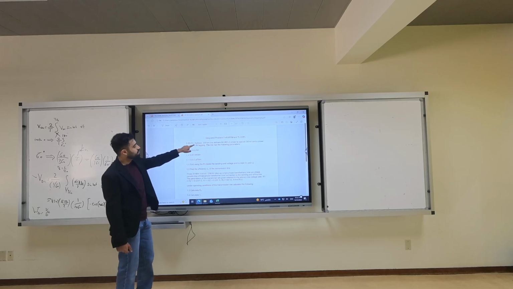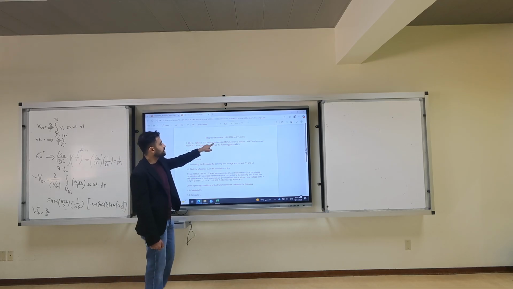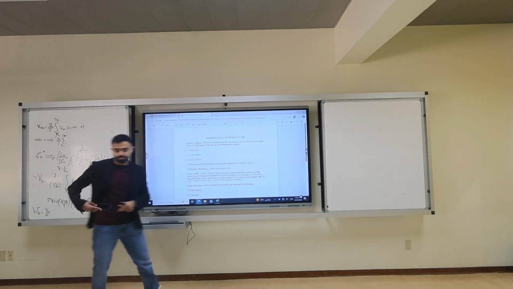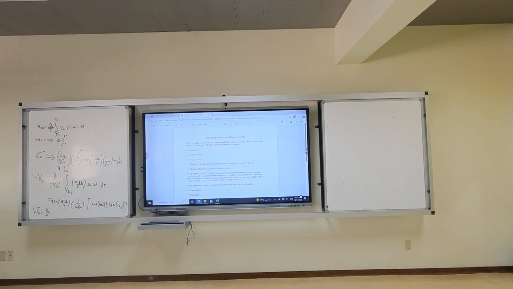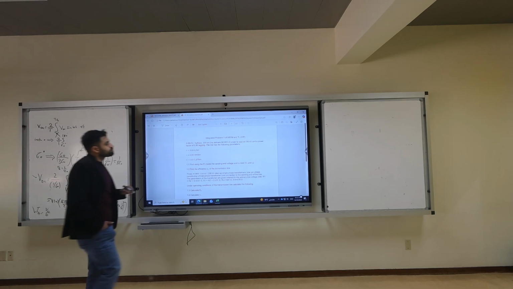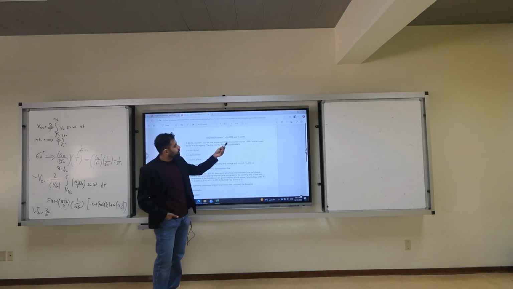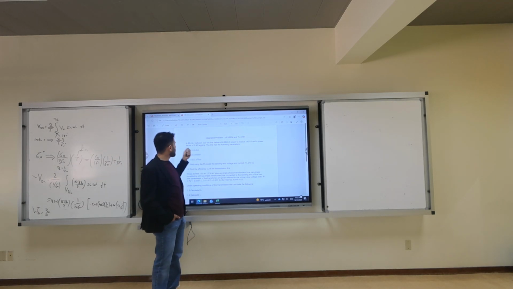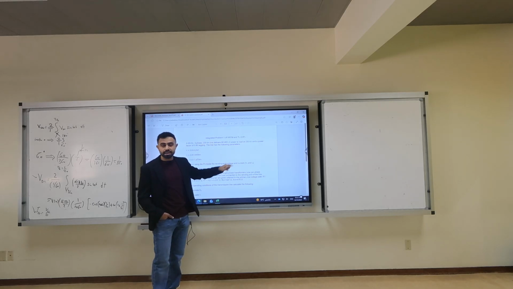A 3-phase, 220 kilometer line delivers 60 megawatt of power load at 230 kV and power factor of 0.9 lagging. The line has those parameters. Find the pi model, VS and IS.